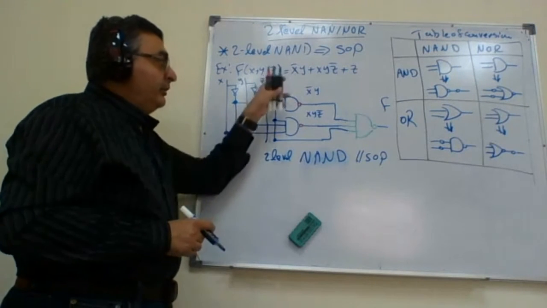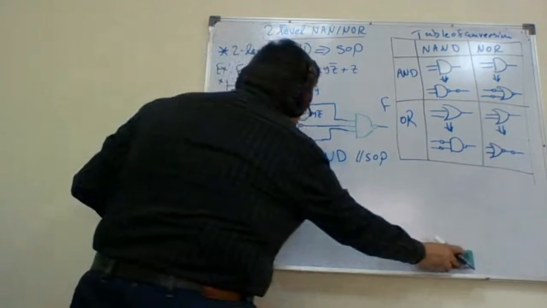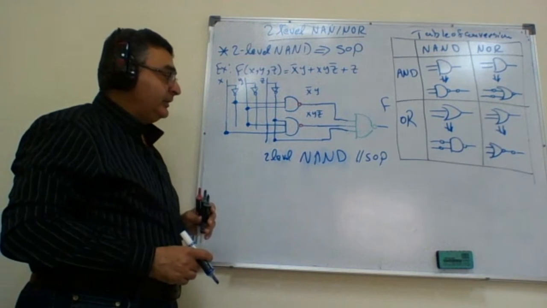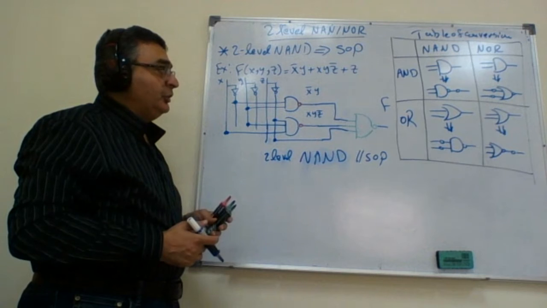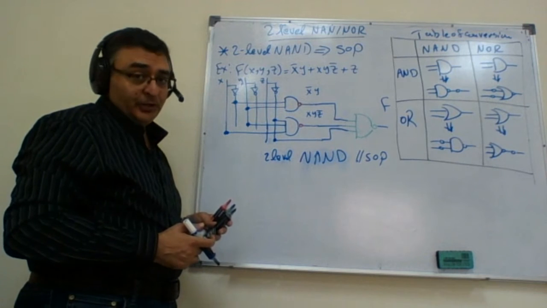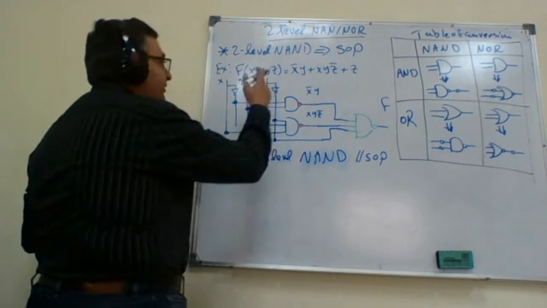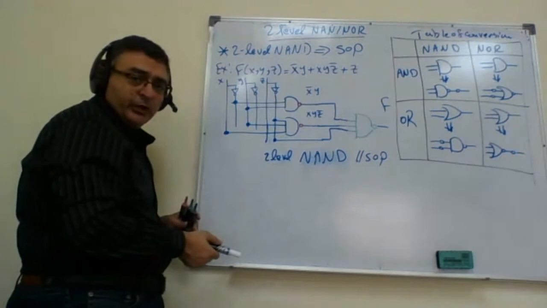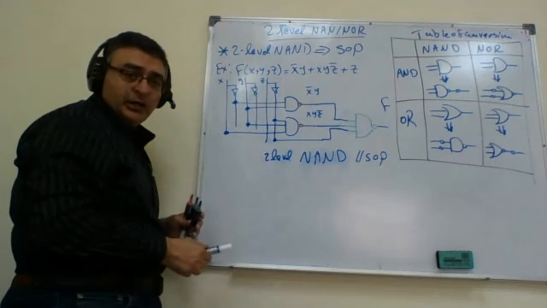Okay? This problem can also be shown, how it is implemented or achieved, through the Boolean algebra. I have the equation for f. How can I achieve this? So now we did it on the drawing. We can also do that on the Boolean algebra.